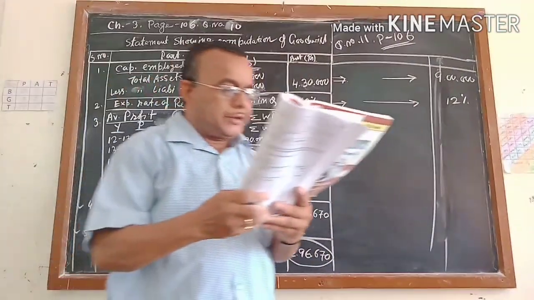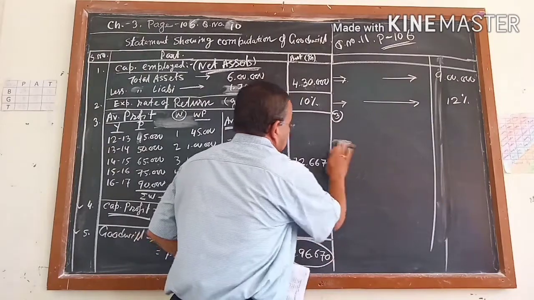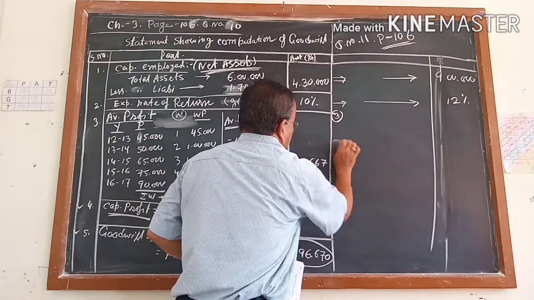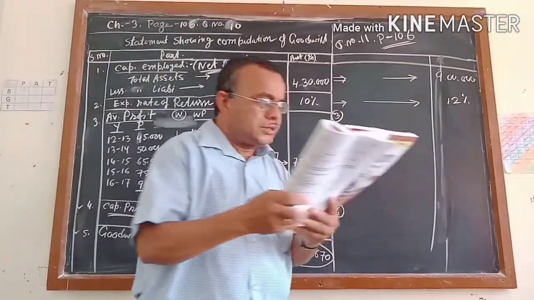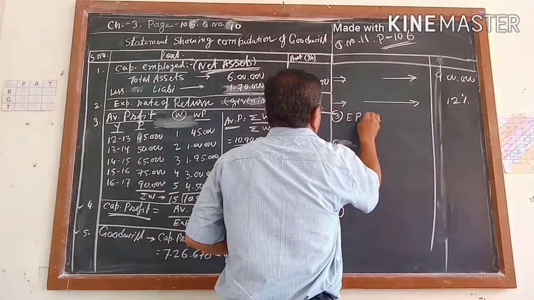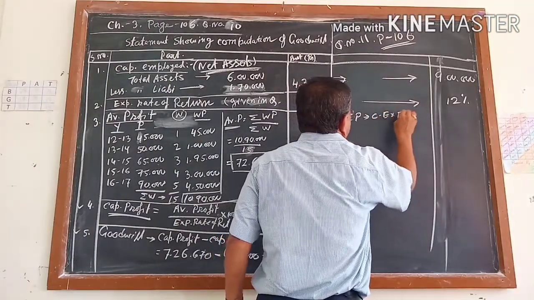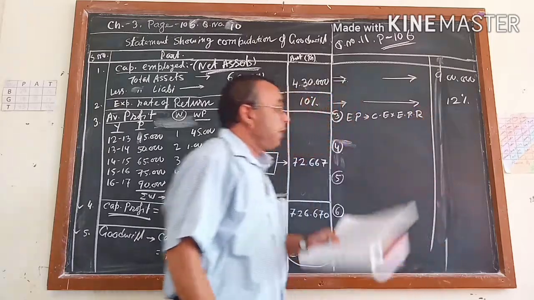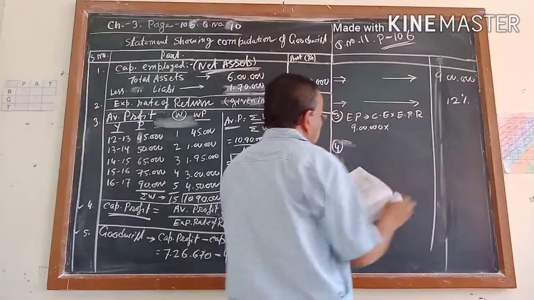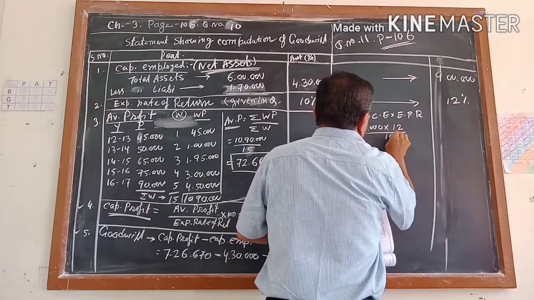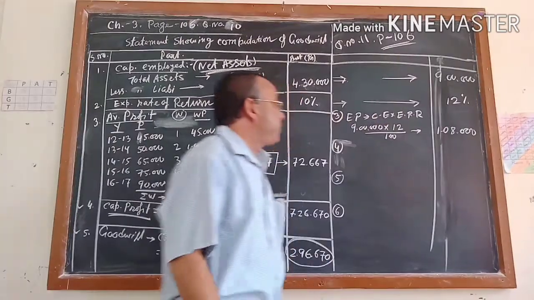The third step, expected profit. Here you are having a total of 6 steps: third step, fourth step, fifth step, and the last one is the sixth step.